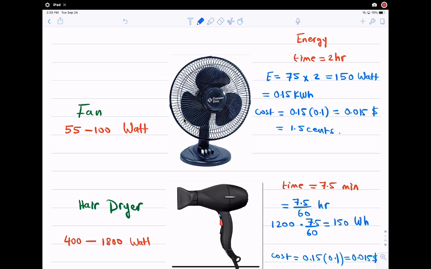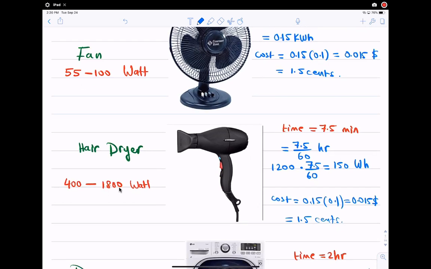Power is the watts, how much electricity each of these machines uses at some instant so they work. This is power. Power has the unit watts. The fan needs from 55 to 100 watts. The hair dryer 400 to 1800.